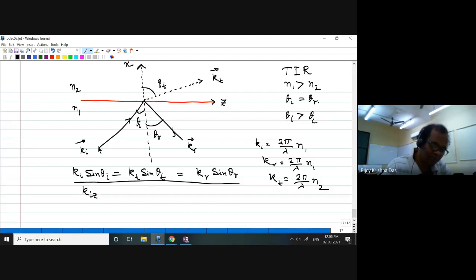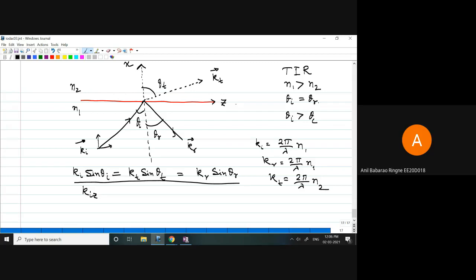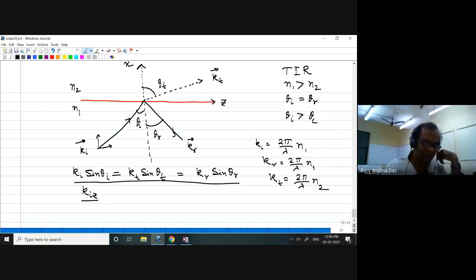If I decompose into x component and z component, the z component of Ki, this is the z direction, is Kiz equal to Ki sin theta I. And this one will be the z component of Kt, with theta t, and this is again the z component of Kr.